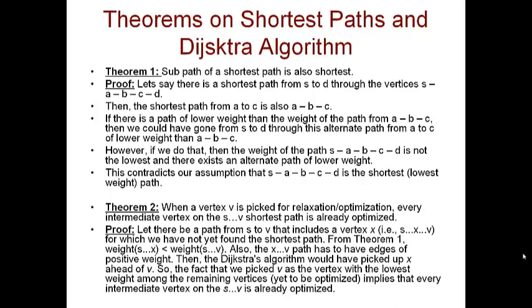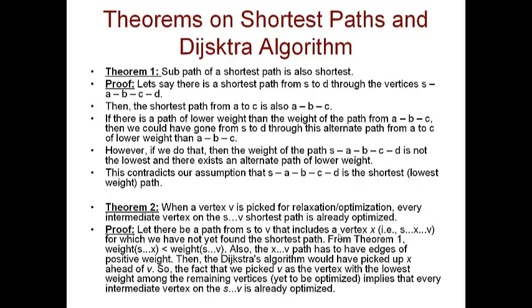So if the weight of the path from S to X is itself greater than the weight of the path from S to V, and these edges have positive weights, that's not going to be possible, because it contradicts the previous theorem that a subpath of a shortest path is also a shortest path.